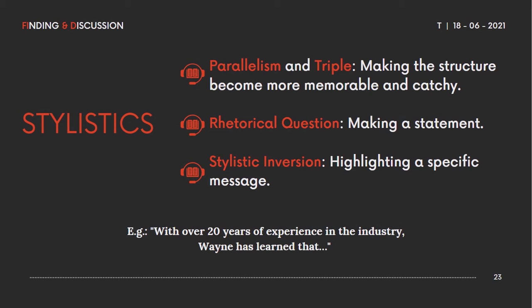Parallelism and triples are used to make the advertorial more memorable and catchy. Besides, rhetorical questions are used as a way to make a statement. Stylistic inversion is used to highlight a specific message.